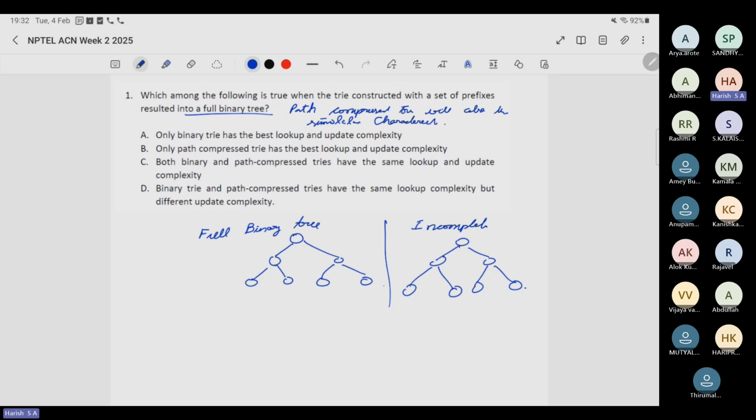So when the trie is constructed with a set of prefixes which results in a full binary tree, there are no nodes with a single child to compress. So that means the path compressed trie will resemble a regular binary tree with a height of log n base 2, where n is the number of keys.